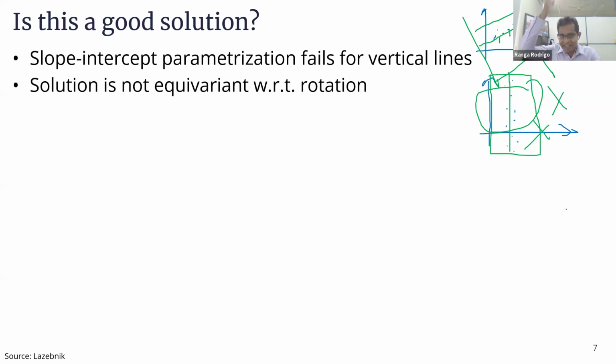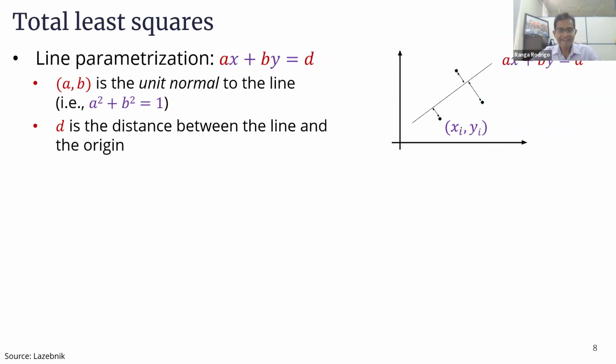Rather than computing the vertical error, we compute the error perpendicular to the estimated line. So now you can see these are the perpendicular distances. But we need a little bit of theory to find the perpendicular distance from a point to a line, right?